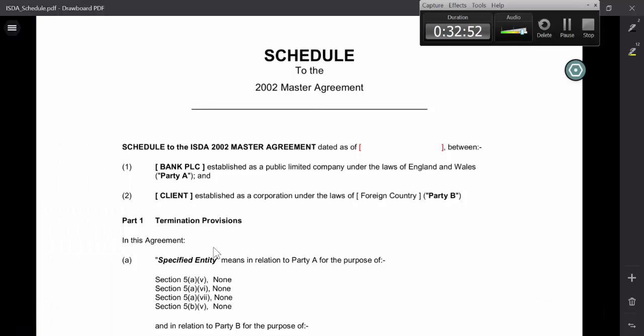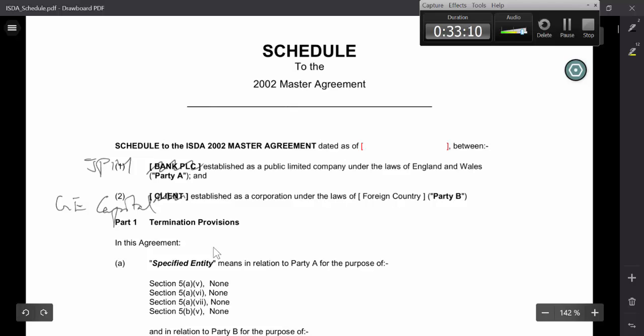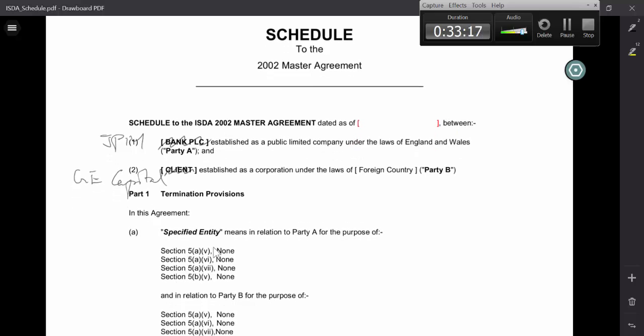The font is a bit different, but it doesn't matter. So the schedule to the master agreement, I guess you're going to put JP Morgan here, and you're going to put the client here, which will be GE Capital.